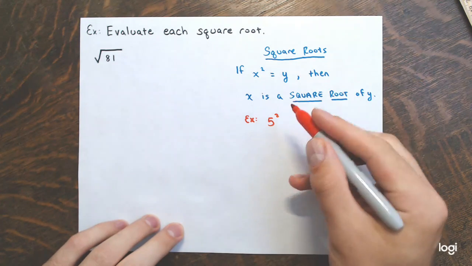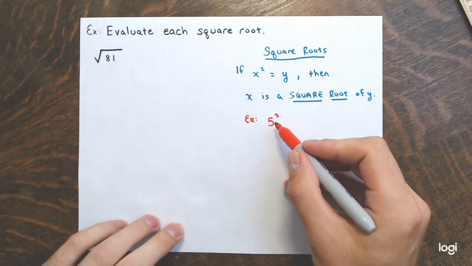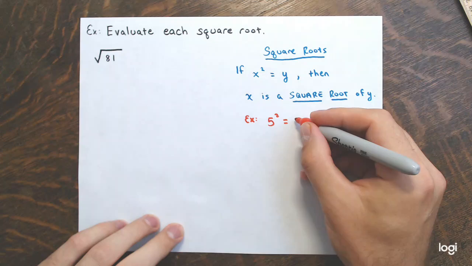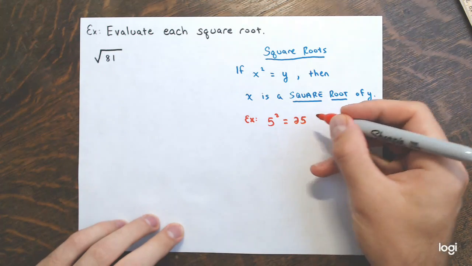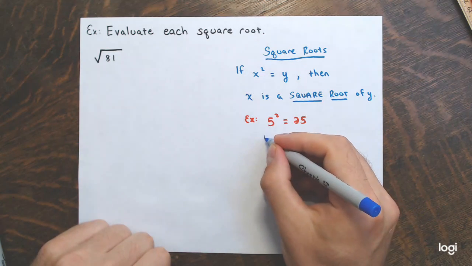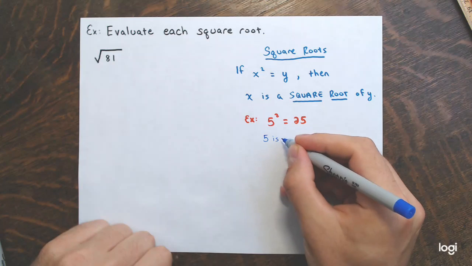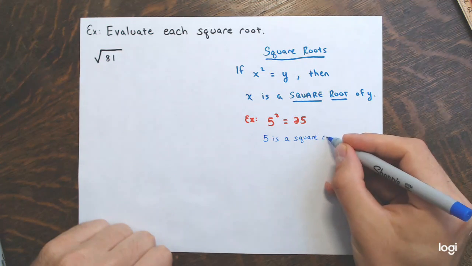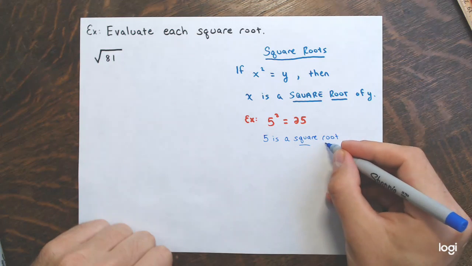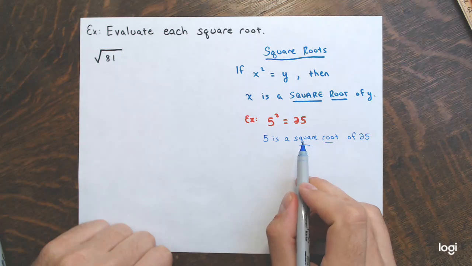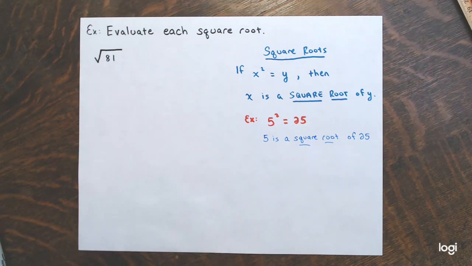Remember, raising to the second power means multiplying the number by itself. That's 5 times 5. 5 squared is 25. So from what I set up here, 5 is a square root of 25. It is a number that you can square to give you 25.